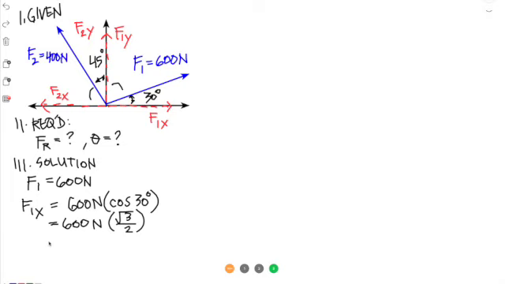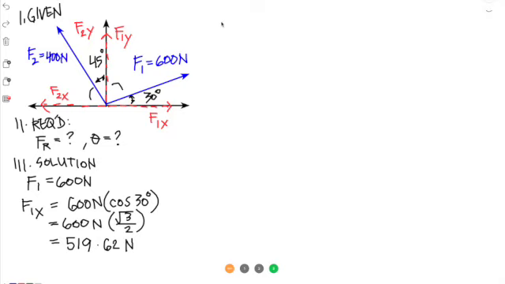So we have F1x approximately 519.62 newtons. That's approximate, okay? In your calculators, please store this value.